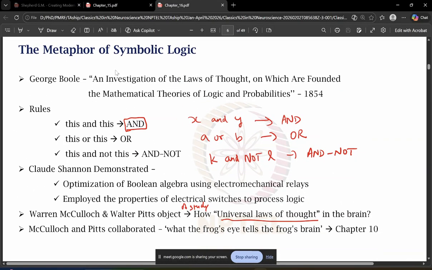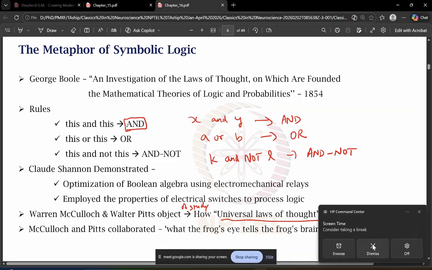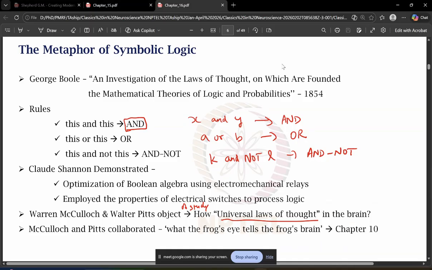Yeah. So in 1854, George Boole, who was a mathematician in Ireland, came up with this treatise called An Investigation of the Laws of Thought, on which are founded the mathematical theories of logic and probabilities.